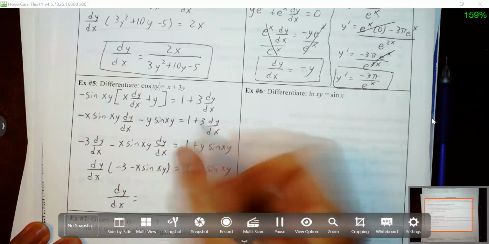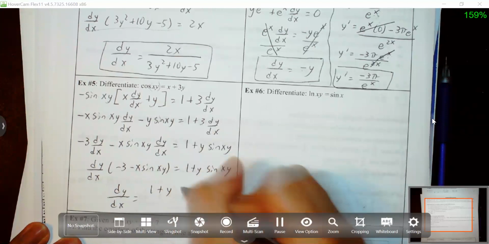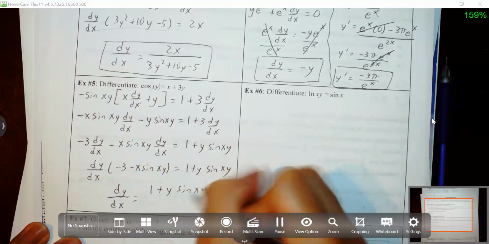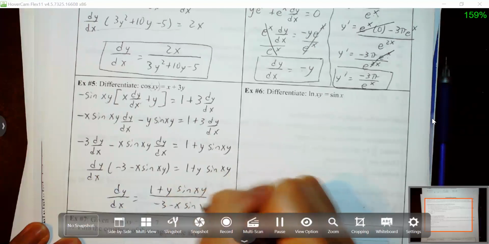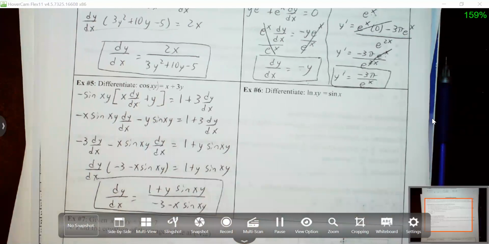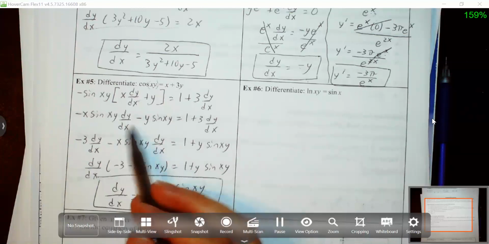So my final answer here is this. So all you're really doing here is following all of the differentiation rules you know. Product, quotient, chain. But anytime you see a y, you have to put the dy dx term here.